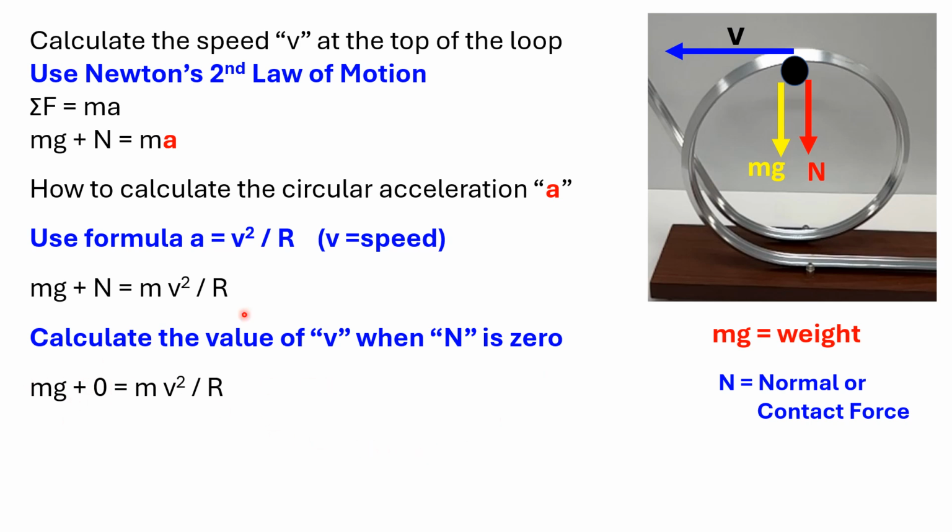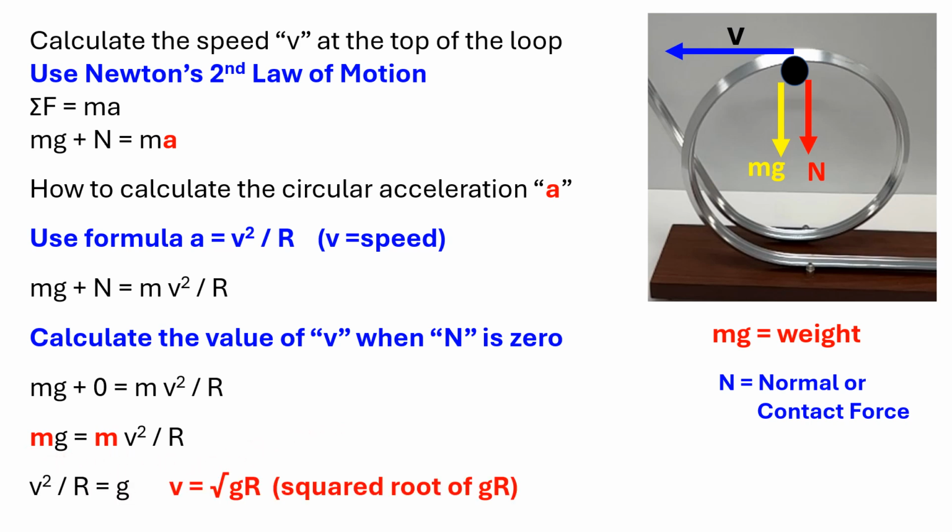So now we are going to substitute in this equation the normal force is 0. We can cancel mass, m, on both sides of this equation. And we have a value for the circular speed, which is the square root of g times the radius.